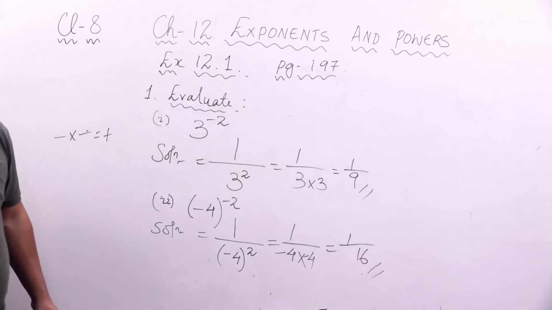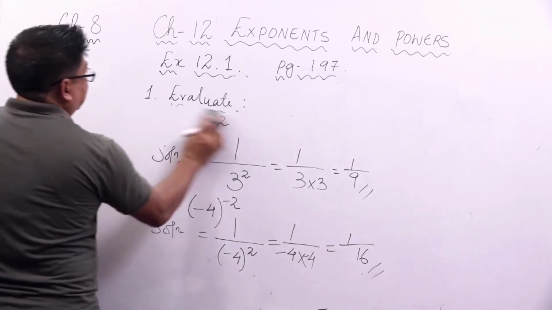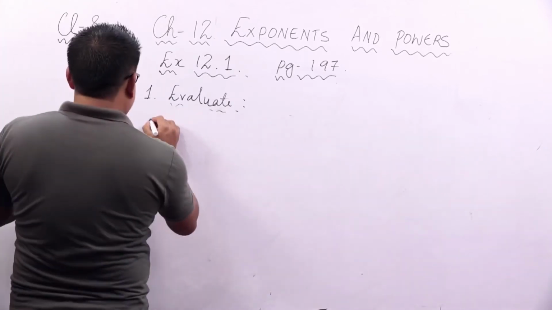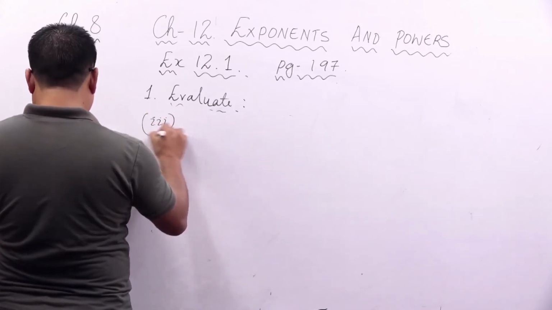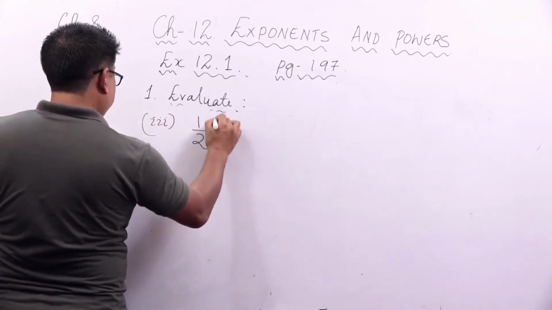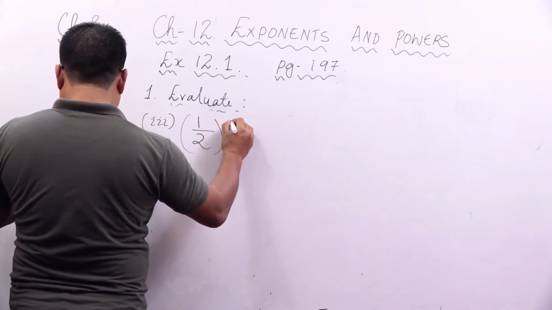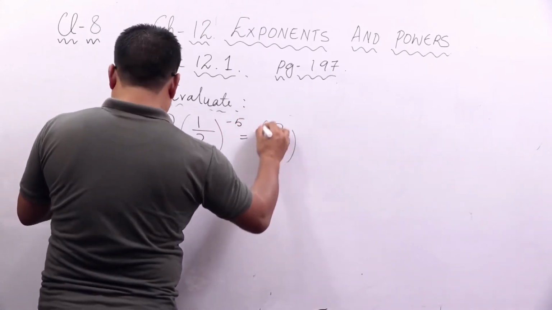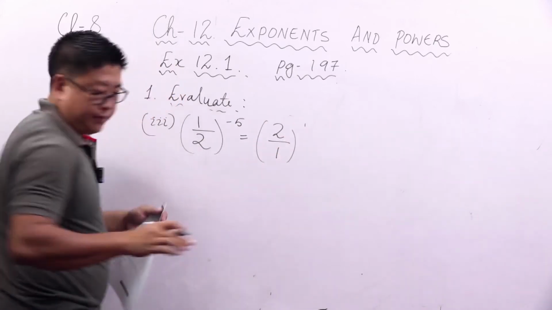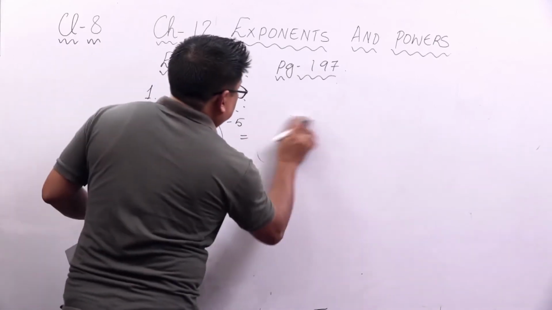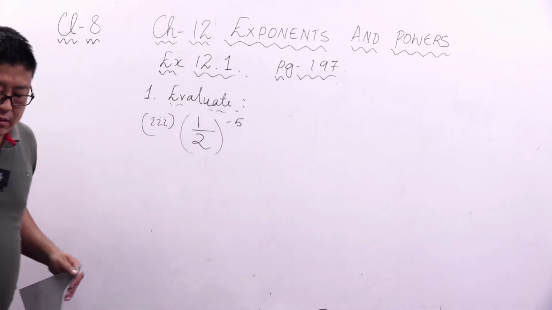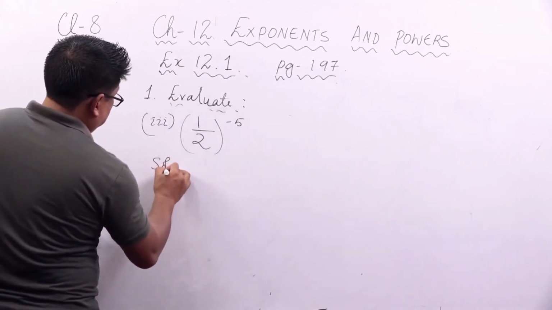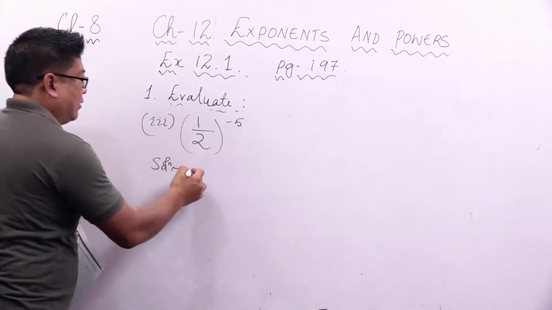Okay? Let's look at the next question. The next question is 1 by 2 the whole power minus 5. Sorry, so this is the question.